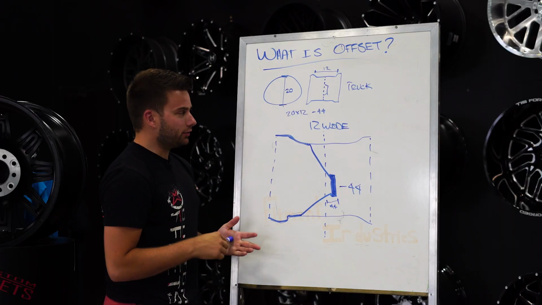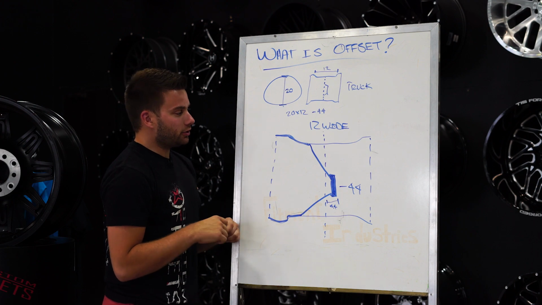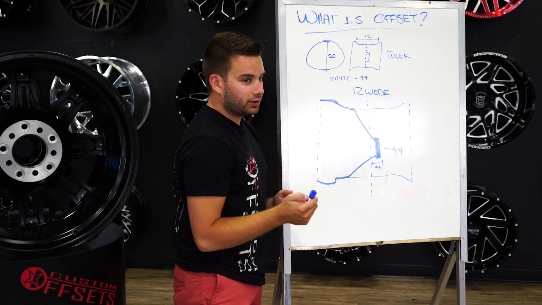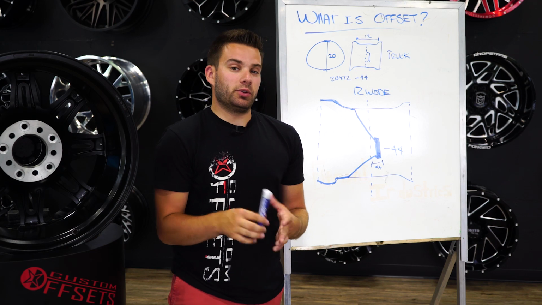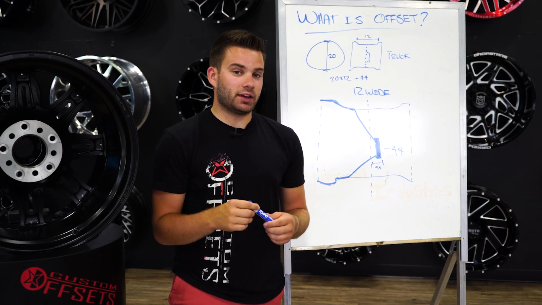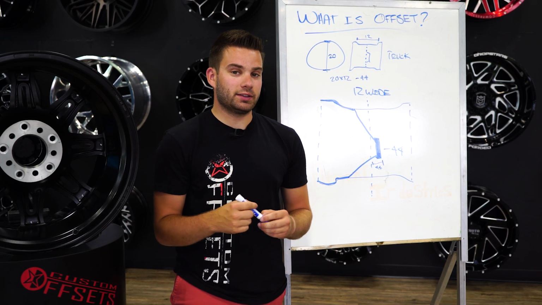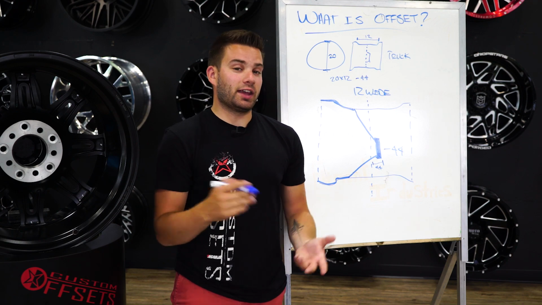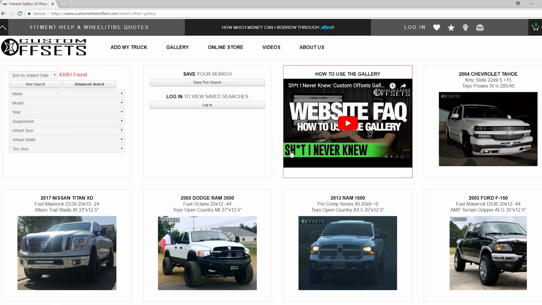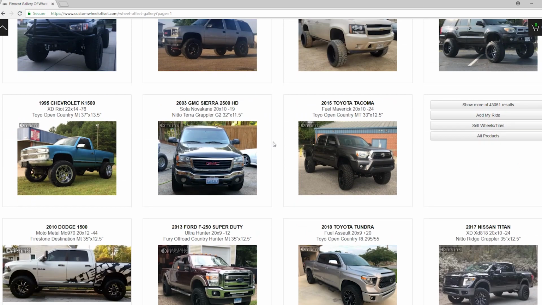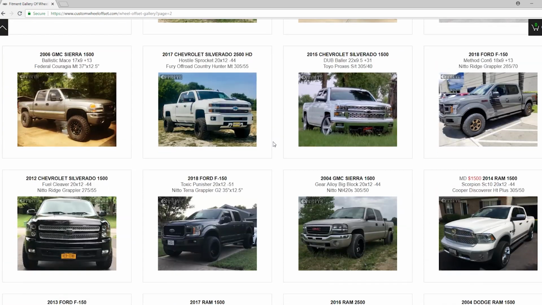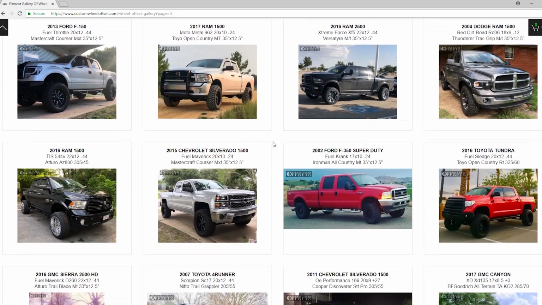So offset is really important to understand when you're looking for fitment for your vehicle. I think offset and width are going to be your biggest factors, as well as tire size. That's going to be the other really important one that you want to pay attention to. We've actually developed a gallery that's got over 40,000 vehicles in it where you can plug in your specific year, make, and model of truck. If you've got a certain size lift kit on there, you can add that in.